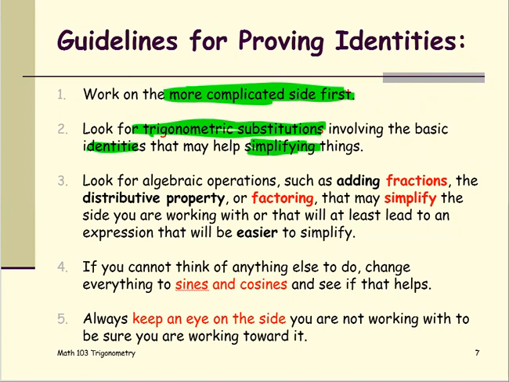Next, look for algebraic operations such as adding fractions, the distributive property, or factoring that may simplify the side you are working with, or that will at least lead to an expression that will be easier to simplify. Step number 4, if you cannot think of anything else to do, change everything to sines and cosines and see if that helps. The last one: always keep an eye on the side you are not working with to be sure that you are working toward it.